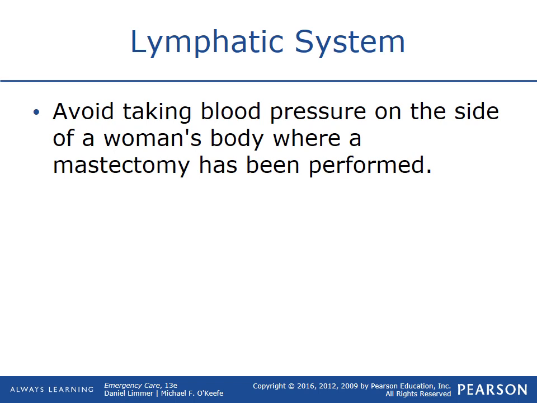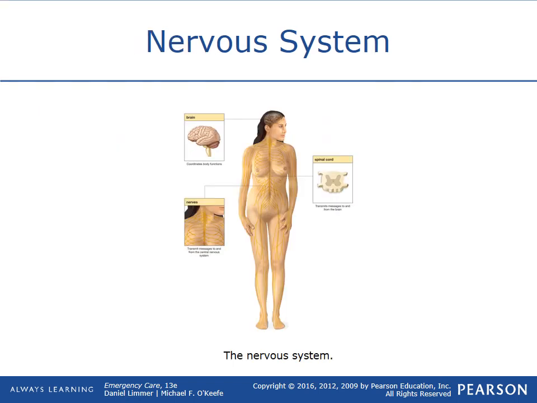You should avoid taking blood pressure on the side of a woman's body where there has been a mastectomy, simply because of the lymphatic system and the blood pressure or the water problems that it can create.